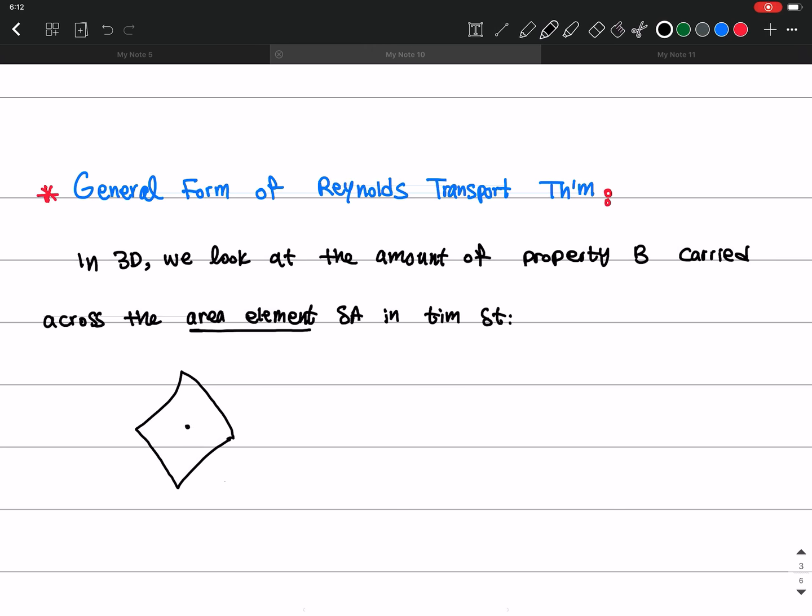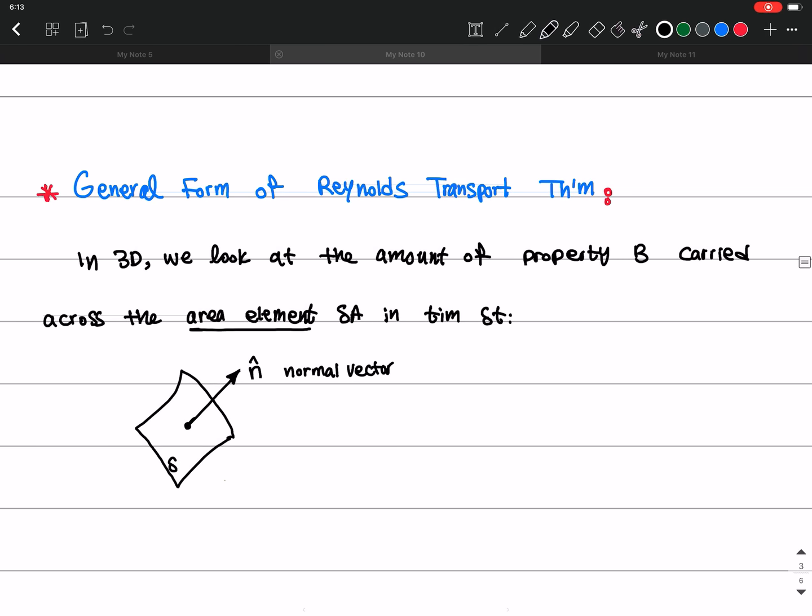And this is the normal vector to this area. N is the normal vector. So this is the surface element area. And then the velocity vector is not necessarily normal to the surface, right? It can be different.